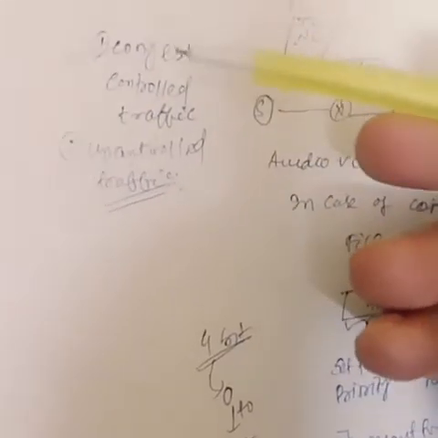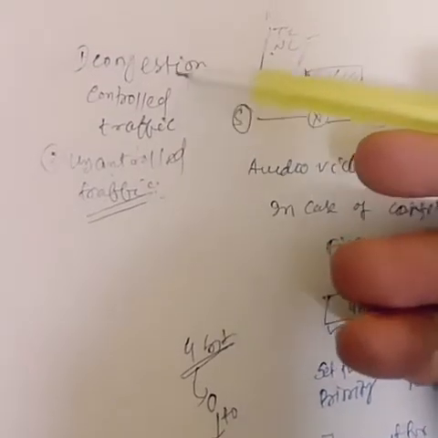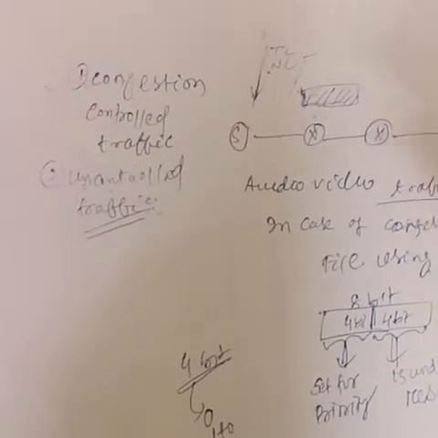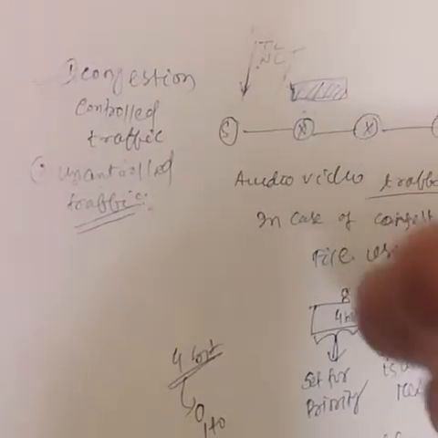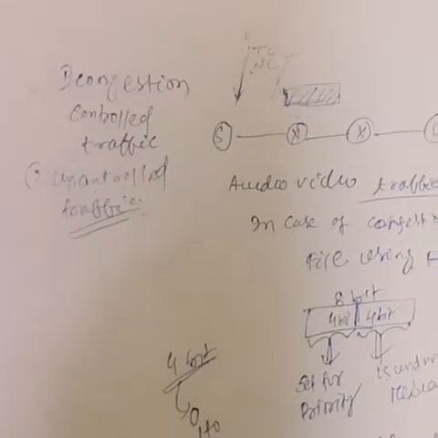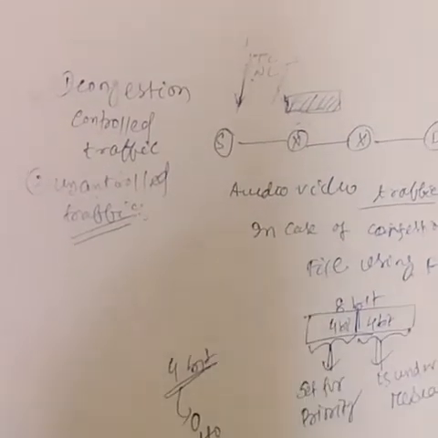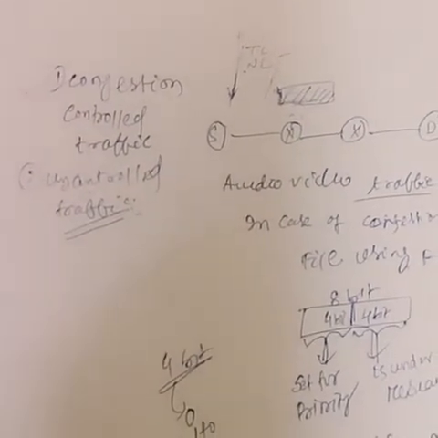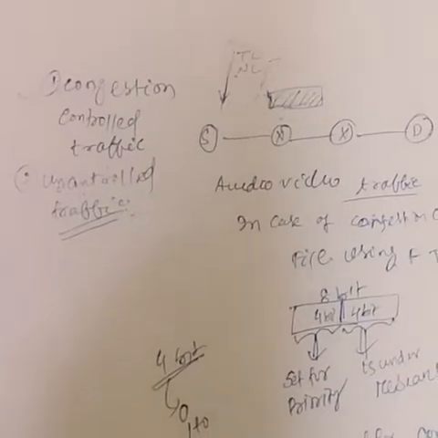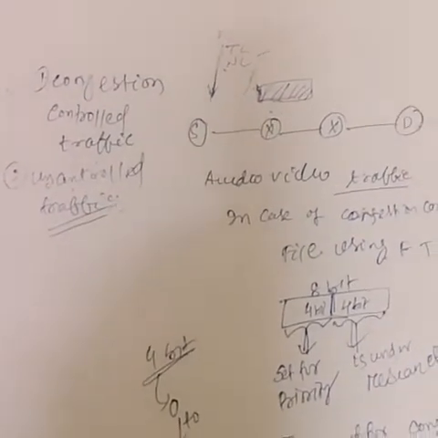In congestion control traffic, the protocol which is transmitting the data will observe some congestion, and then it will automatically reset or set its window size.